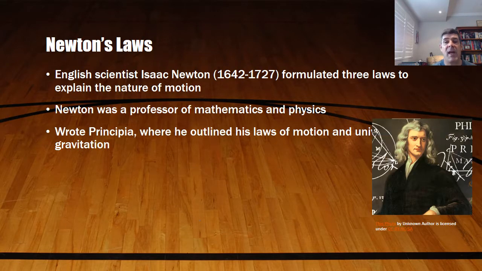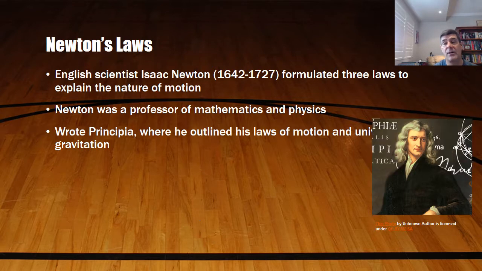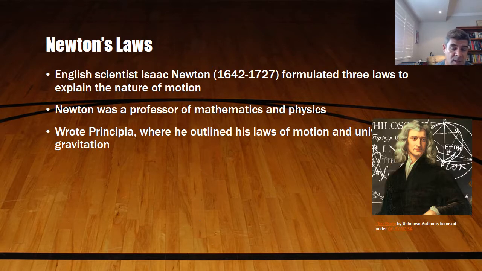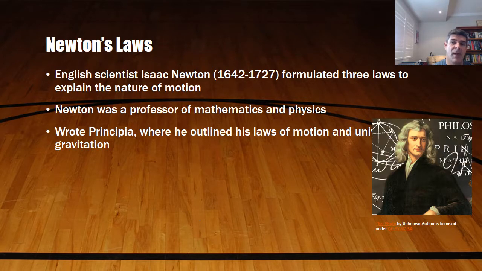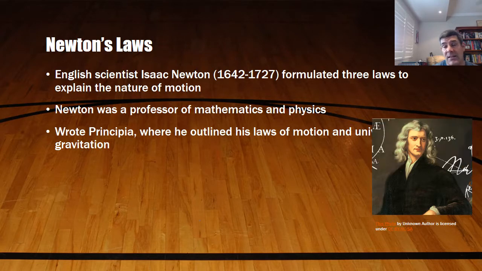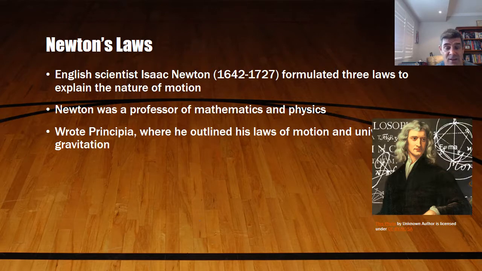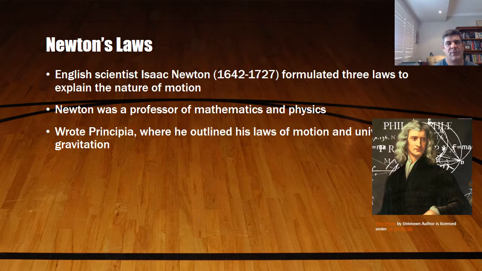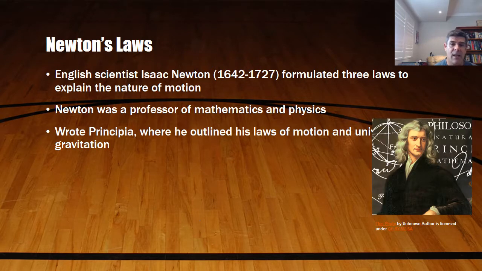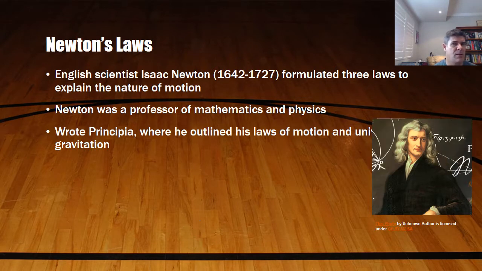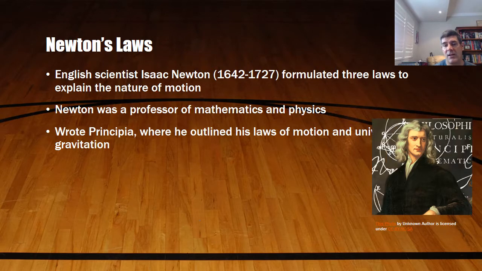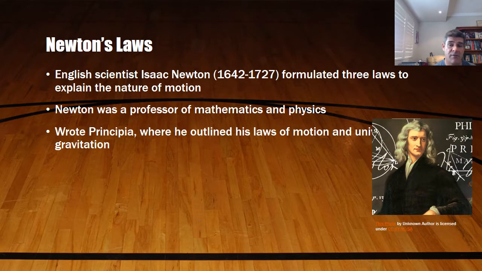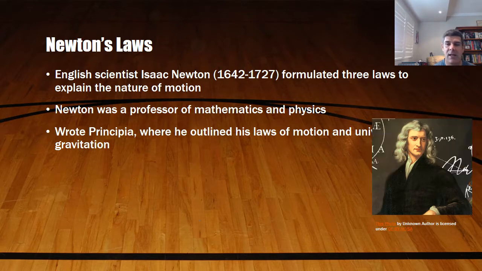Now, the important thing about Newton is how incredibly talented he was. When you contextualize all of these laws back to the late 17th, early 18th centuries, this is 300 years ago now, so this was pretty advanced stuff for back then. Newton made huge contributions to science, not just in physics, but primarily in this area.